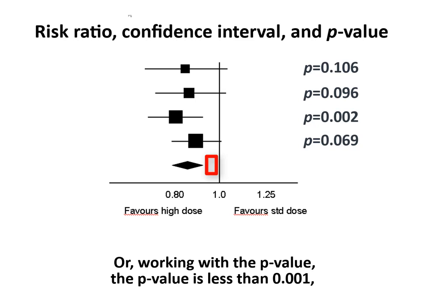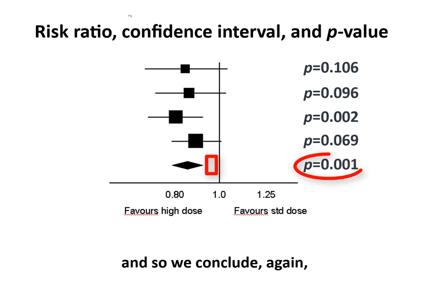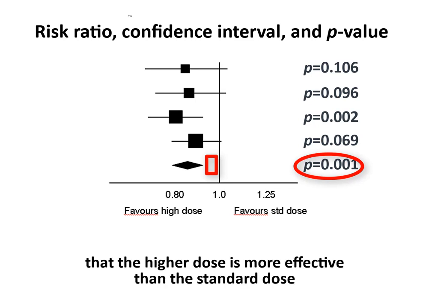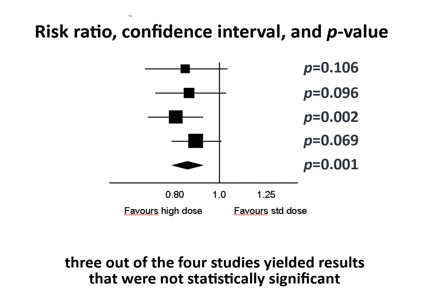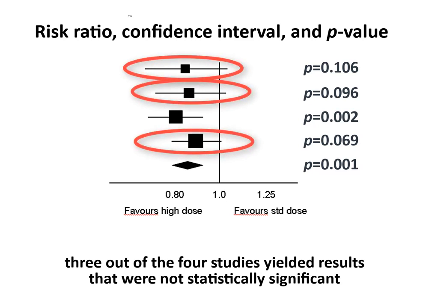Or, working with the p-value, which is 0.002, we conclude, again, that the higher dose is more effective than the standard dose. By contrast, when we were working with the individual studies, 3 out of the 4 studies yielded results that were not statistically significant.